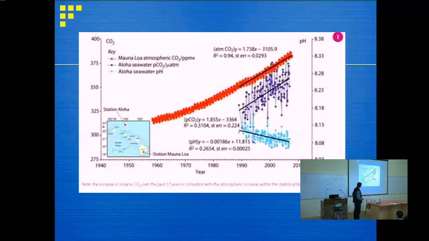This is a famous experiment called the Aloha experiment, where it has been demonstrated that the CO2 concentration which is going high in the atmosphere eventually goes into the ocean, and the ocean acts as a buffer system where you start changing the pH towards more acidic. People now suspect that if this continues over a long period of time, you will destroy all the corals in ocean islands like Hawaii and other places.